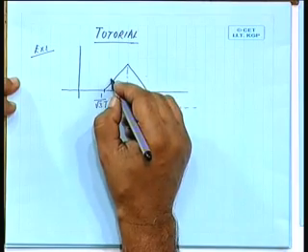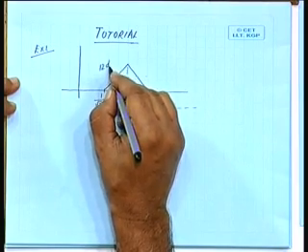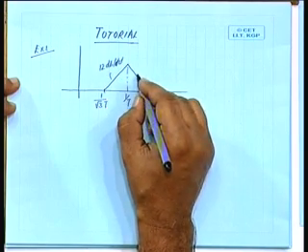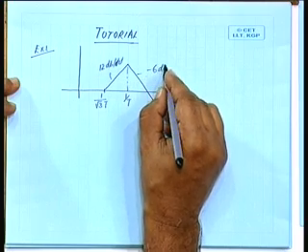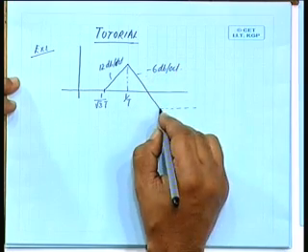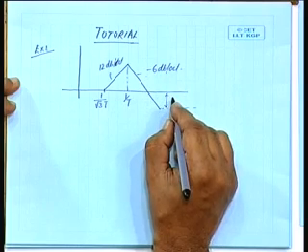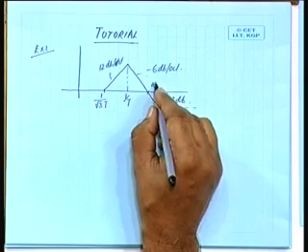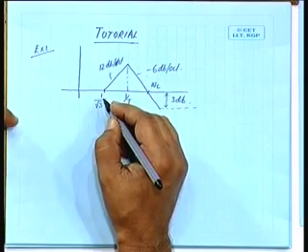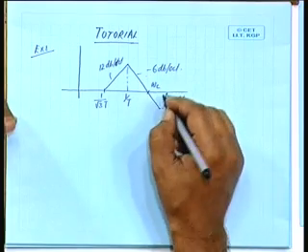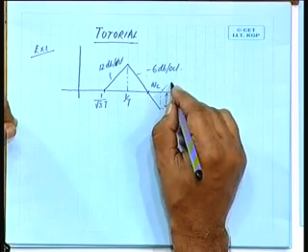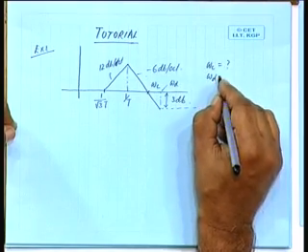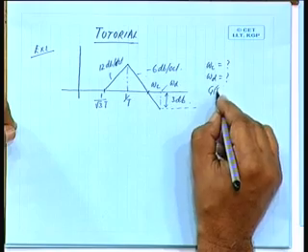This is 12 dB per octave, and this is minus 6 dB per octave. This value is 3 dB. Estimate these frequencies omega c and omega d. Omega c is how much, omega d is how much, and then determine Gs.